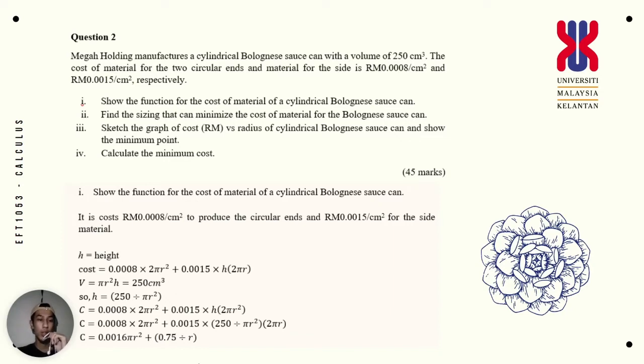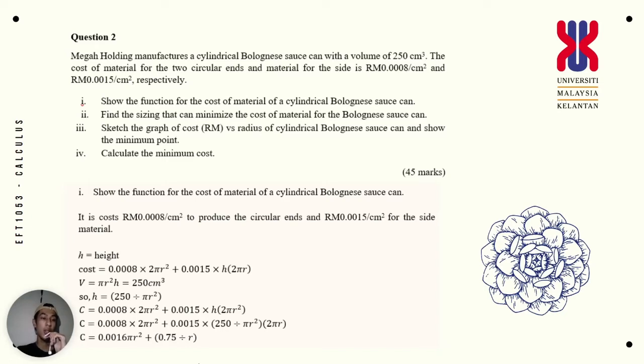For the first part, we need to show the function for the cost of material of a cylindrical bologna sauce can. It costs RM 0.008 per cm² to produce the circular ends and RM 0.0015 per cm² for the side material.